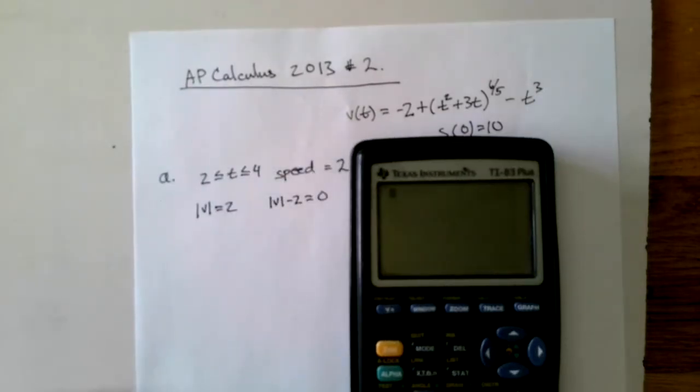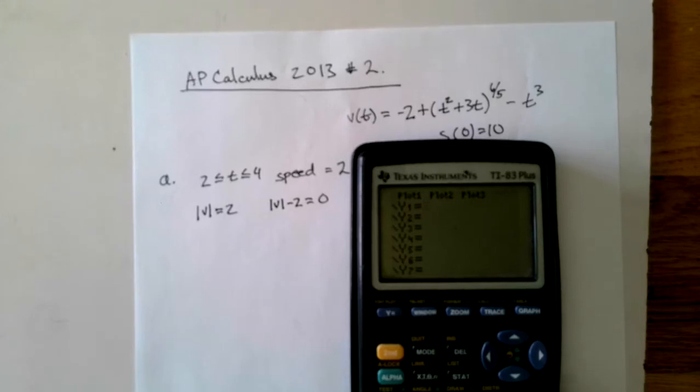I turn my calculator on, clear that, and type in the function for velocity, -2 plus x squared plus 3x, raised to the, I'm going to use parentheses around that 6/5, and minus x cubed.